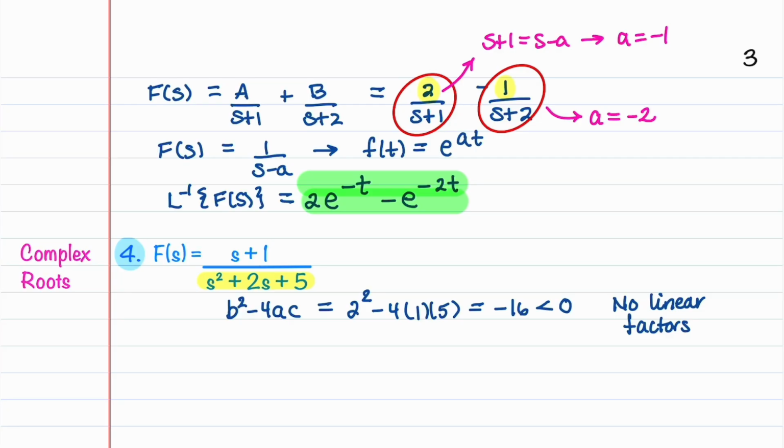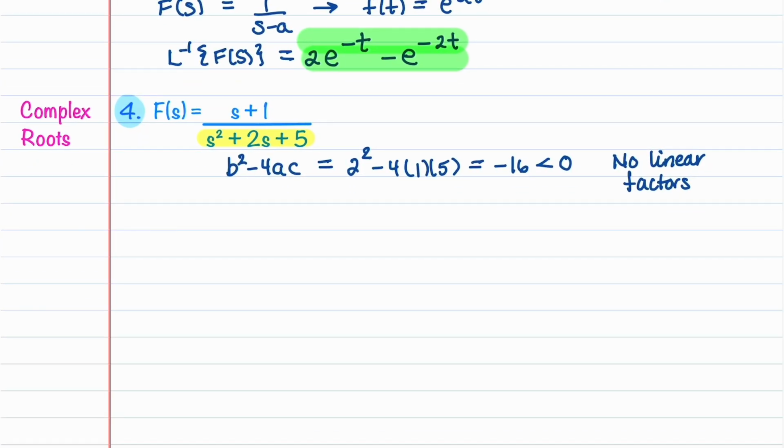What we have to do instead is complete the square. Let's go over this carefully because if you're like my students, you probably have forgotten how to complete the square. We have s squared plus 2s plus 5. Here's what you do. We're going to group the s's together, so we have s squared plus 2s. We'll put parentheses around that, and then we add 5. Now we look at the constant that multiplies s.